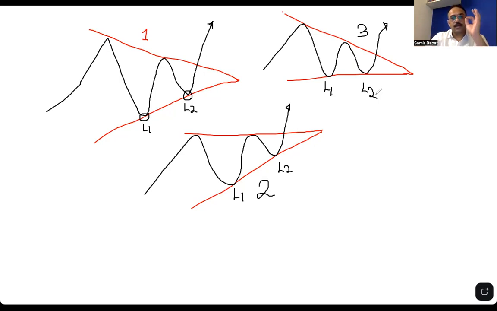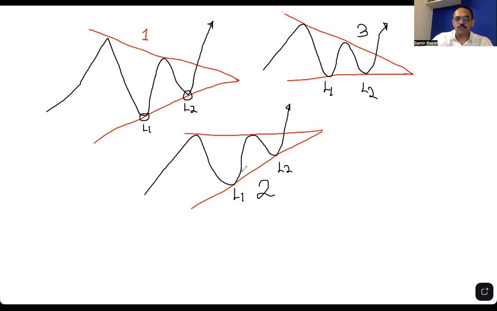Now, these 3 are triangles 1, 2, and 3. If you see the lows which are forming after the first low, the subsequent lows are either higher or at the same level. See, L2 is higher than L1.